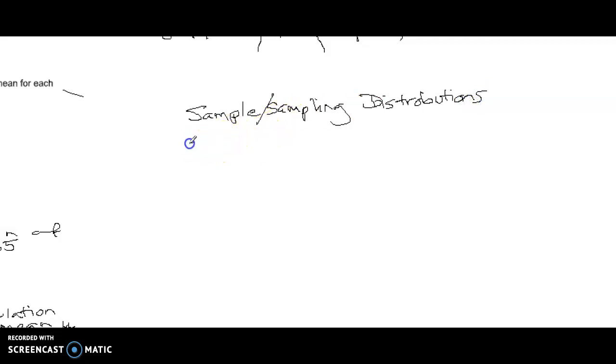The purpose of the sample or sampling distributions is to show the statistic, whichever one we're looking at, found in all possible samples.